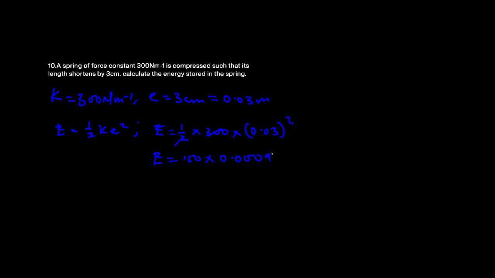So E equals 150 times 0.009, and that will give us 0.135 joules. You can press a calculator to check for that value. So this is the answer to that. So we'll move to the next question right away, and here we are.